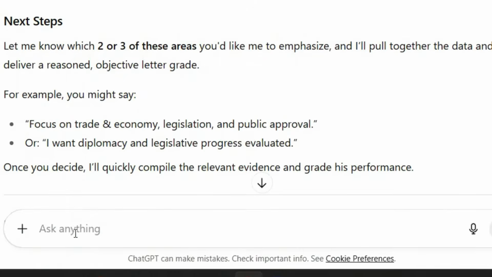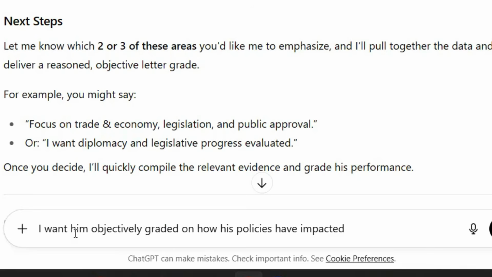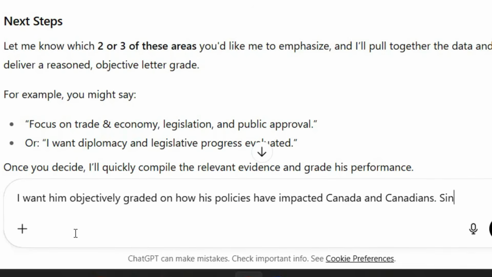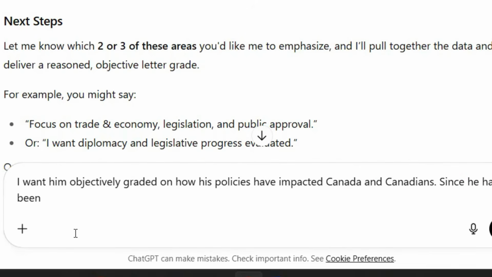Okay. So what I'm going to tell ChatGPT is that I want him objectively graded on how his policies have impacted Canada and Canadians since he became Prime Minister.